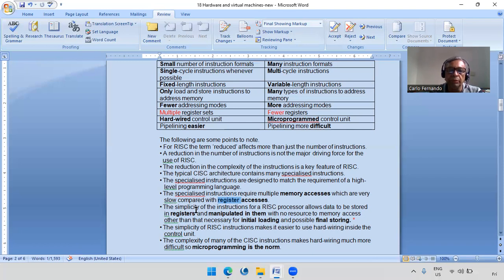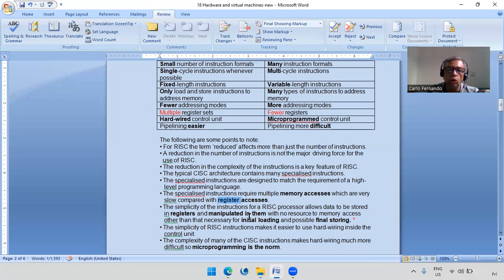What is that? The simplicity of the instructions for a RISC processor allows data to be stored in registers, so stored in registers inside the CPU and manipulated in them. You do any calculations and all that there, with no resort to memory access. Without accessing the memory, do it inside the register, other than that necessary for initial loading and final storing.